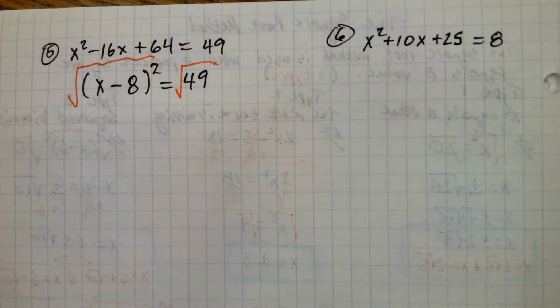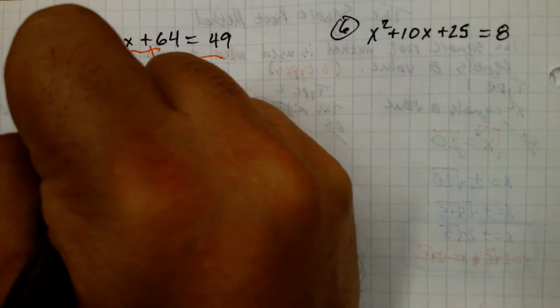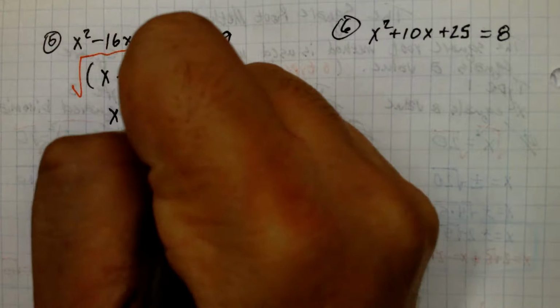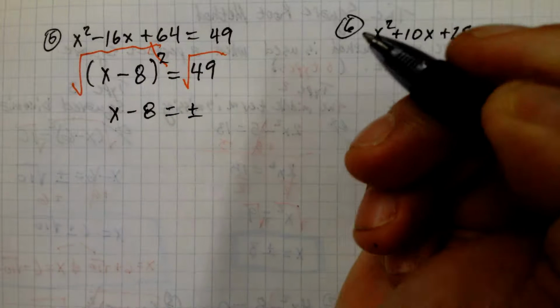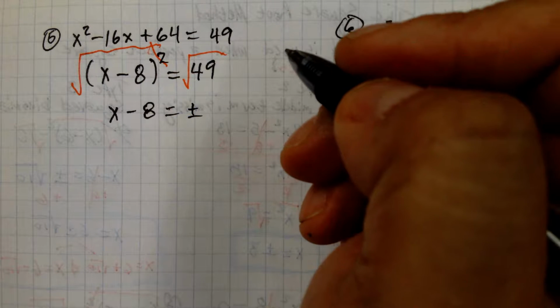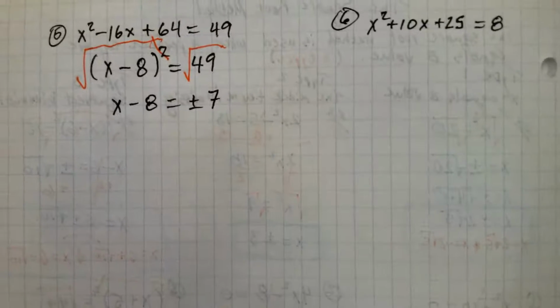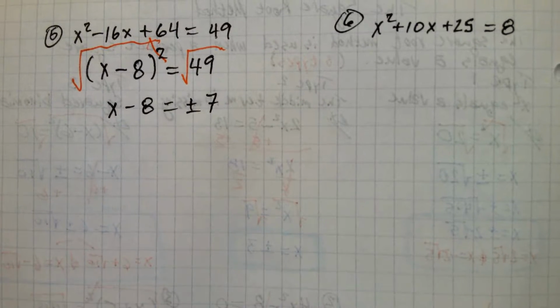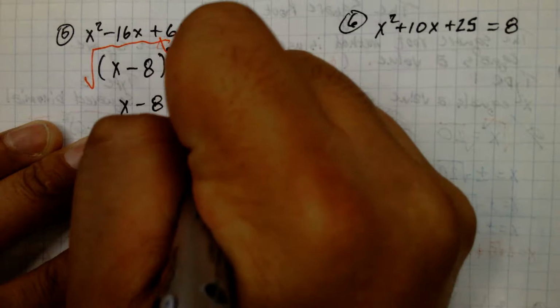Square root this. That gets rid of this guy. So x take away 8 equals plus or minus 7. Oops. So let's get rid of this 8 and the plus 8.